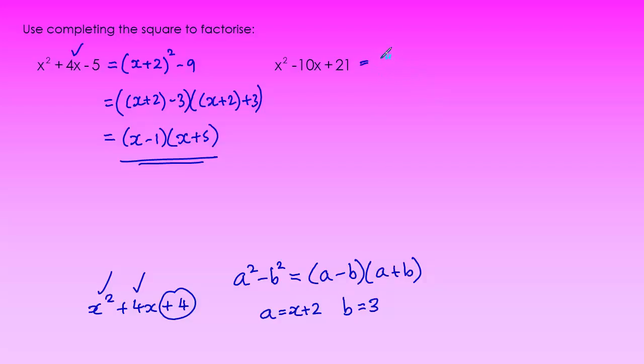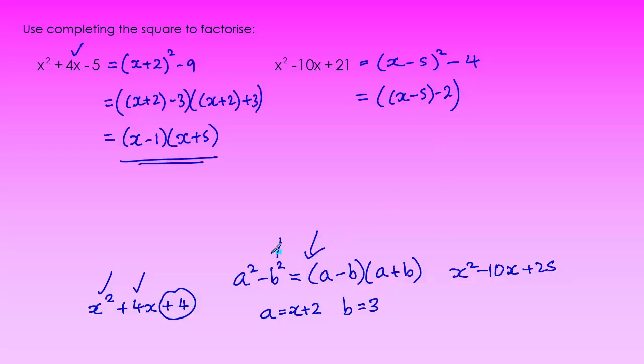Now with this one, the bracket contains x and negative 5. Now, that would give me x squared minus 10x plus 25, and we only want 21, so we need to take off 4. Then using this again, we get x minus 5 take away 2.